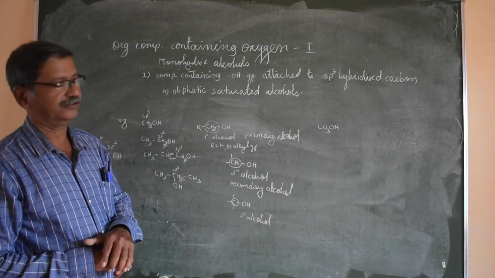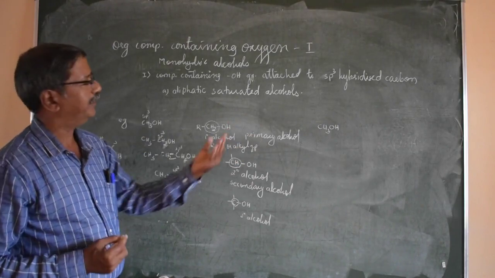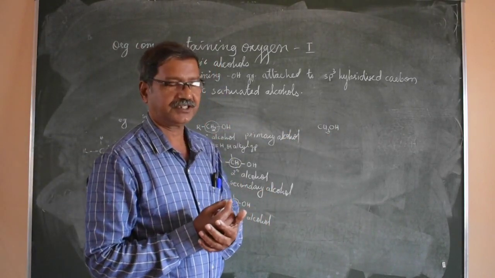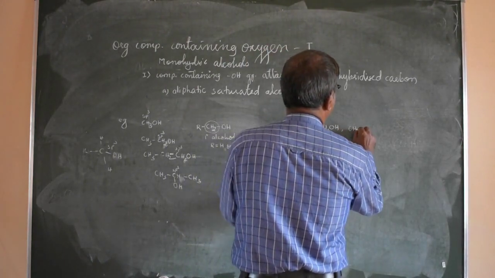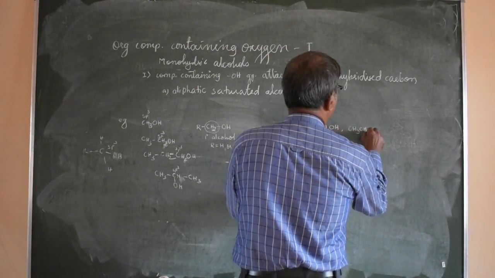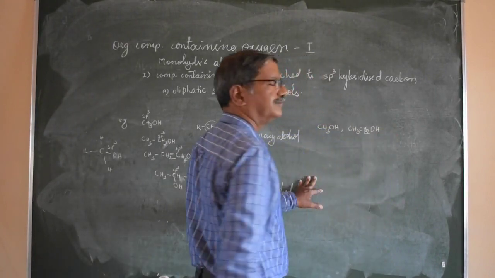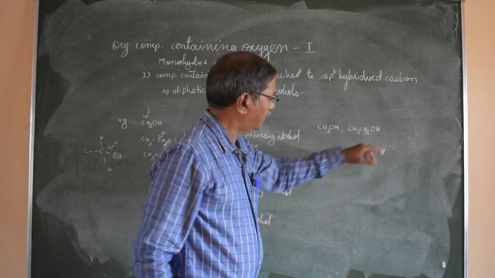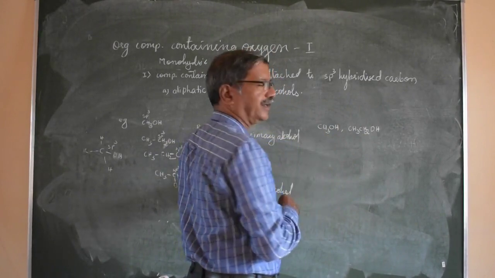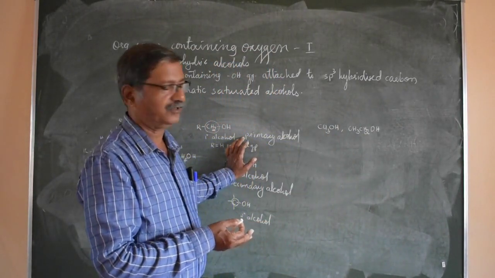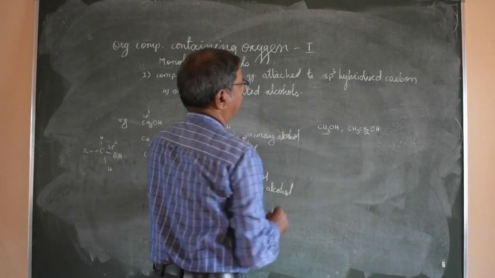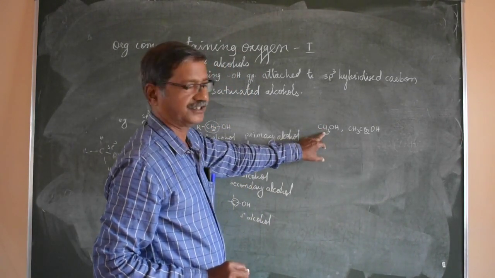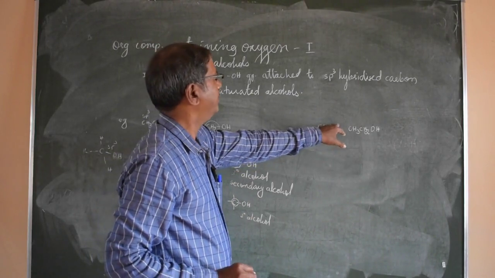It's a primary alcohol. We know it's called methyl alcohol. CH3OH. Then CH3CH2OH, it is called ethyl alcohol. How to name this one we can discuss later in the nomenclature. CH3 is methyl, OH is alcohol.